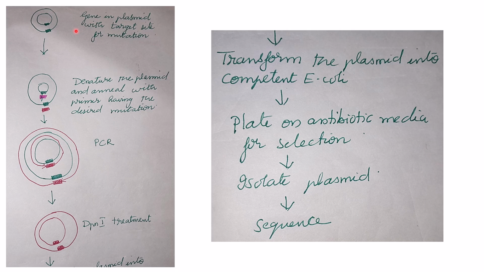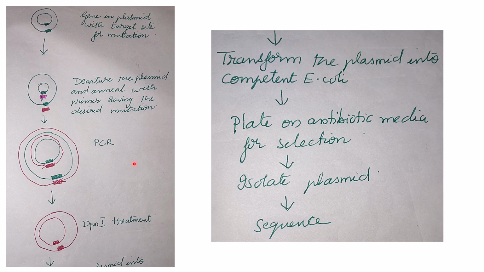Now what you do first here is synthesize complementary oligonucleotide primers, and the primers should be such that they contain a point mutation at the desired region. So these are the oligonucleotide primers complementary to this particular target gene, and they have a point mutation. Now you perform PCR amplification using these primers and the cloned plasmid DNA as the template.